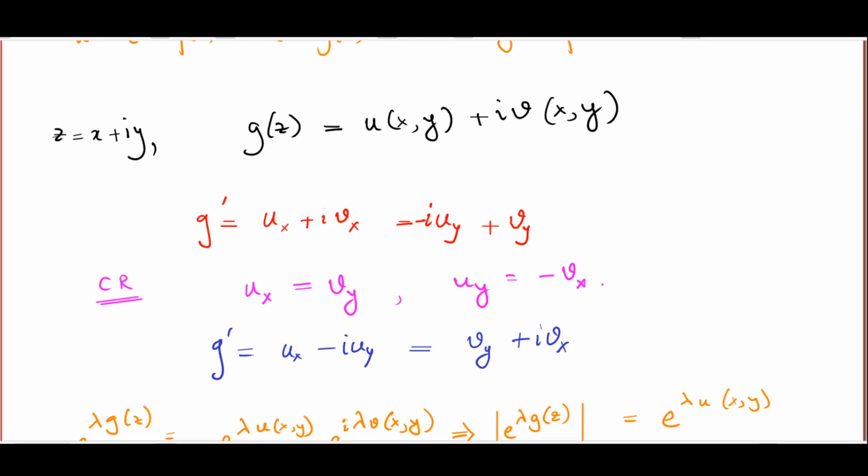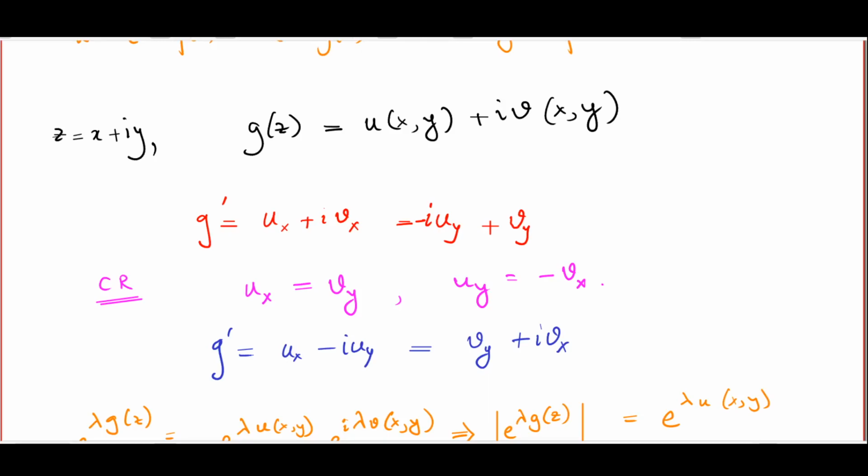As you all know, any complex quantity can be written down as a sum of a real part and a purely imaginary part. So for example, z, our independent variable, can be written down in terms of two real variables x and y in the form x plus iy.